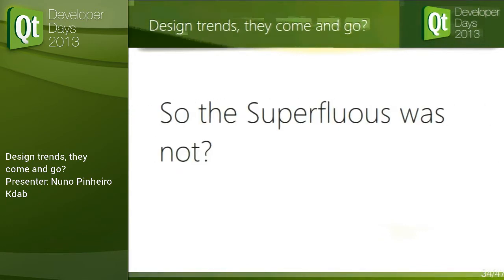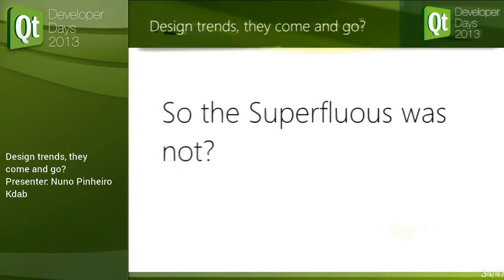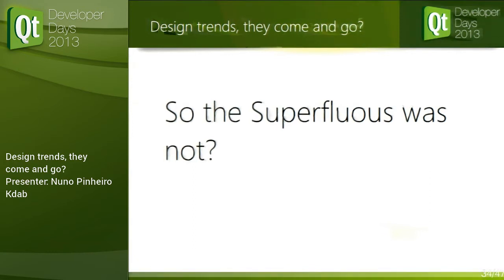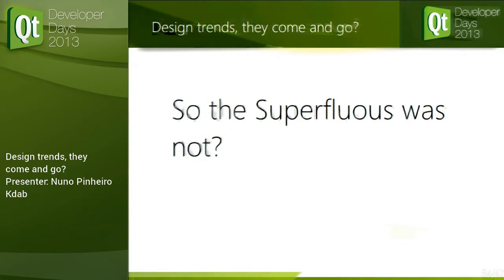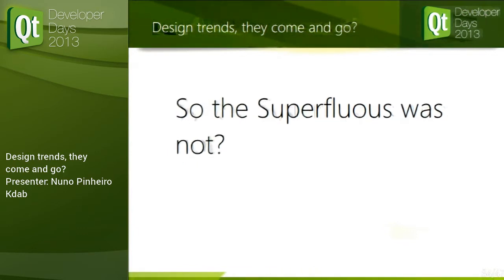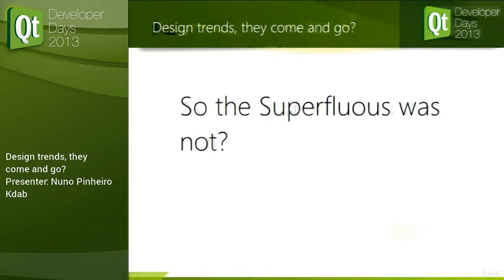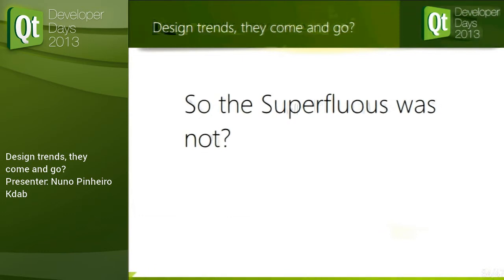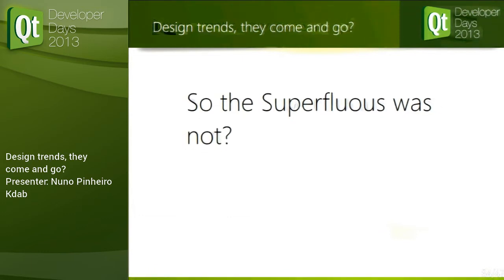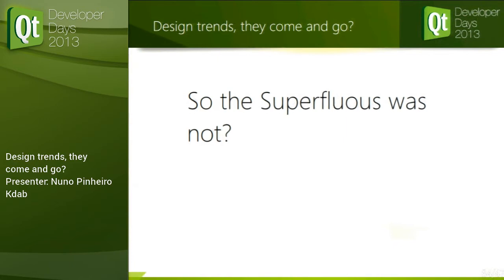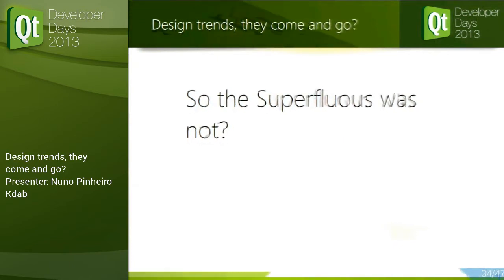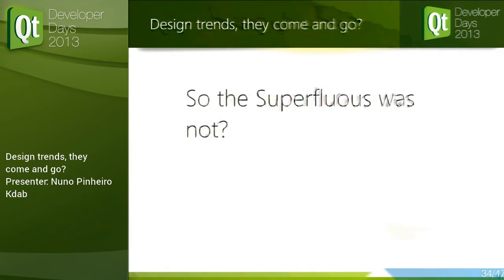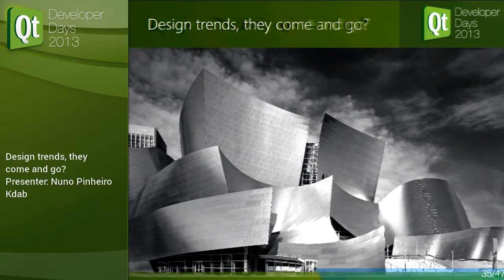So what these guys say is that the superfluous things that past elements, that the late design trends add, were not so superfluous. They brought something to the user experience, to the perception of the consumer. This is one of Frank Gehry's buildings.